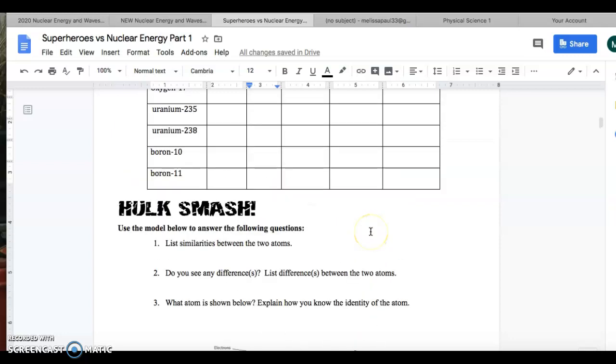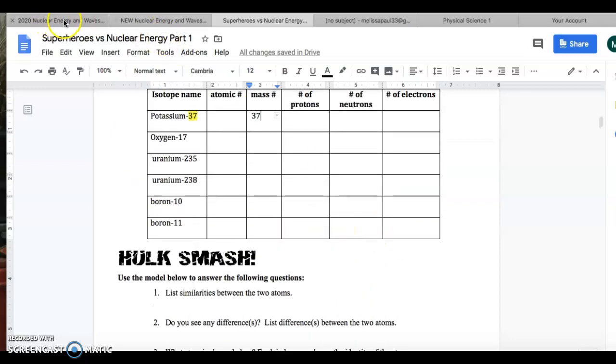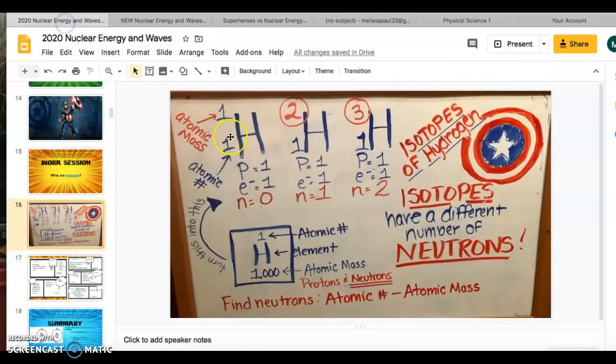I hope that I've helped clear up some of your vocabulary, helping you understand this is what an isotope is, the difference between radioisotopes, and hopefully went back through atomic mass, atomic number, protons, neutrons, remembering those words. You can also go back to page 2 in your notebook to get that information as well.